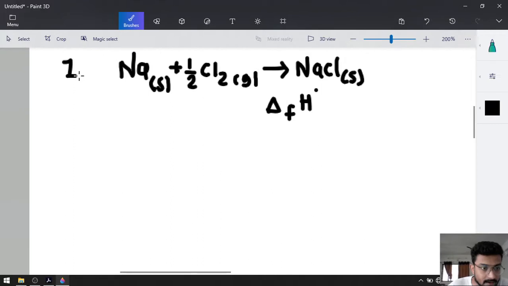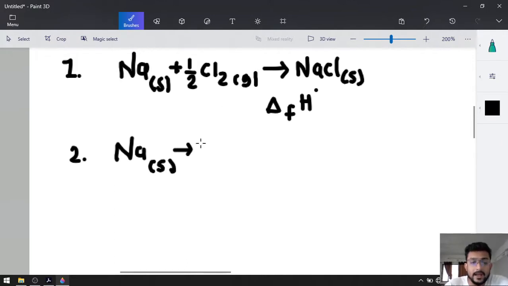Now our equation number 2. In the first step, sodium will be converted into gaseous form. So sublimation enthalpy, because sodium is solid and solid sodium will be converted into gaseous sodium.